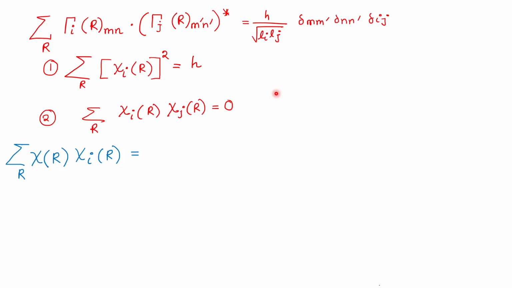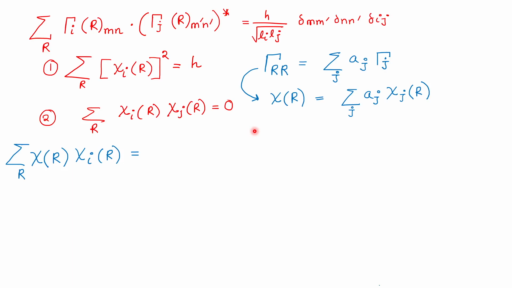Suppose this is your sum over R of the character of the reducible representation multiplied by the character of the ith irreducible representation for the same symmetry operation, and you take the sum over R. But before that, your reducible representation, as we have discussed, is a sum of possible irreducible representations. Suppose we write it like this: sum over j of aj gamma j, where gamma j can be an irreducible representation.